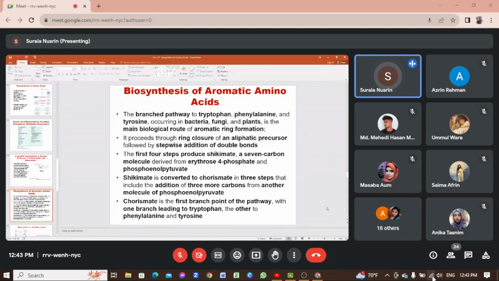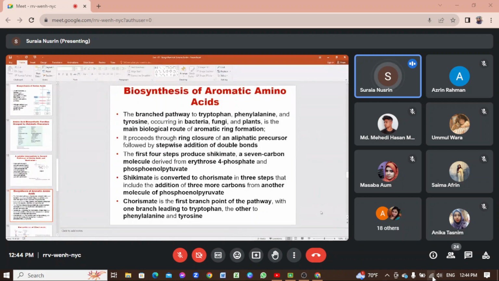Now another important intermediate in the biosynthesis of aromatic amino acids is chorismate. The first part, where we get shikimate, occurs in 4 steps, and then from shikimate to chorismate it occurs in 3 steps. Here chorismate has an additional 3 carbons, provided by another molecule of phosphoenol pyruvate.